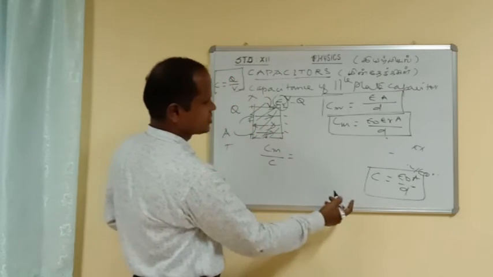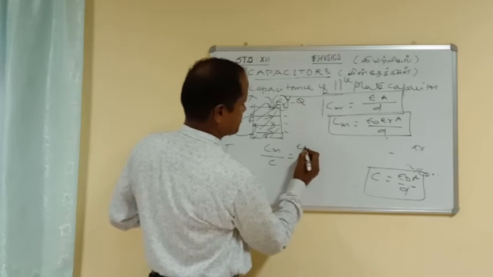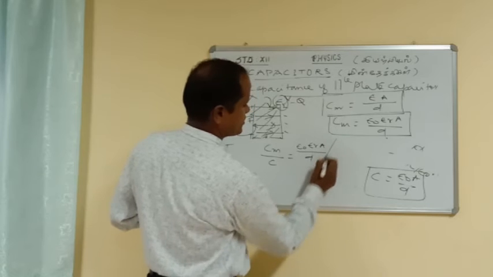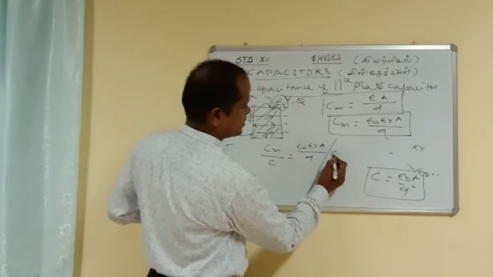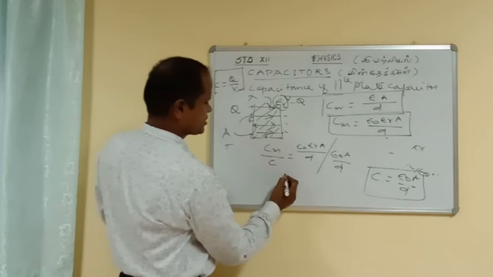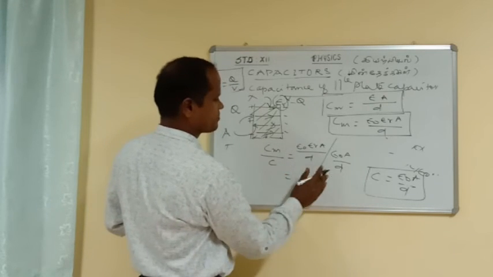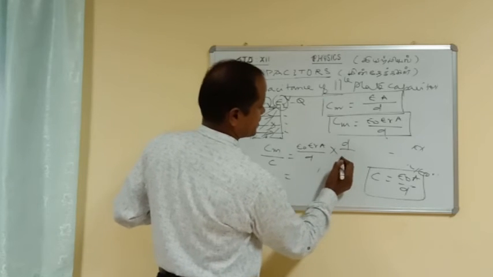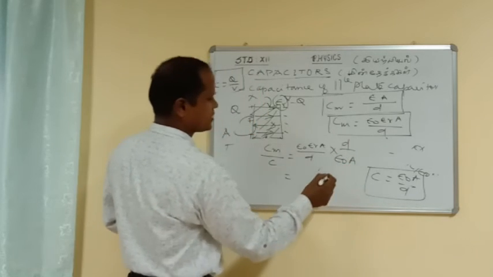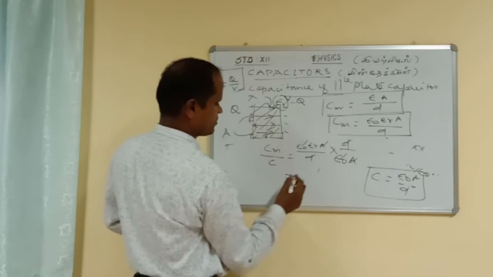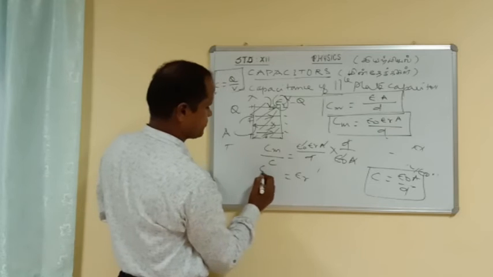So we get epsilon naught epsilon R A by D divided by epsilon naught A by D. Okay, so automatically this multiplies by the reciprocal, we can get D by epsilon naught A. Okay, so A and A will be cut off, D and D will be cut off. So this is what, epsilon R.